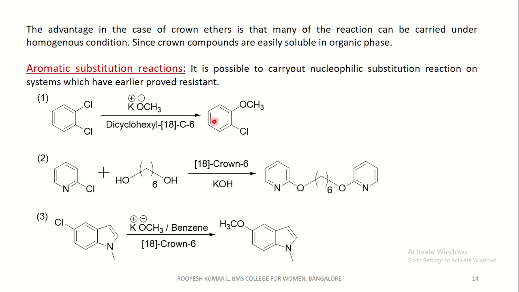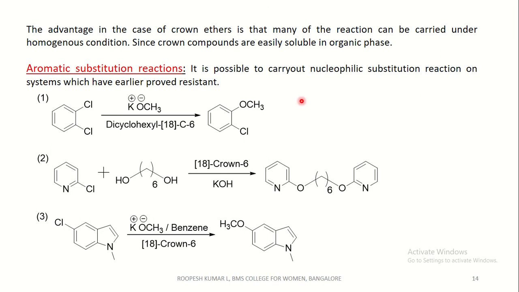2-methoxychlorobenzene in the presence of potassium methoxide and dicyclohexyl-18-crown-6. That is, this crown ether transfers the methoxide ion from the aqueous phase to the organic phase, and then this attacks here, which eliminates the chloride ion to form the corresponding methoxychlorobenzene.